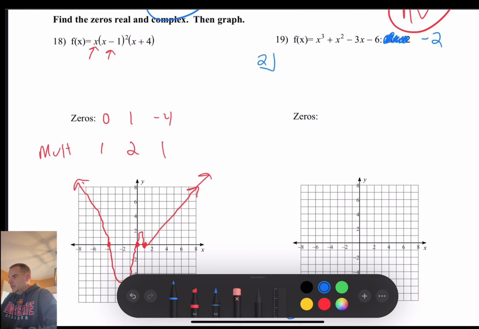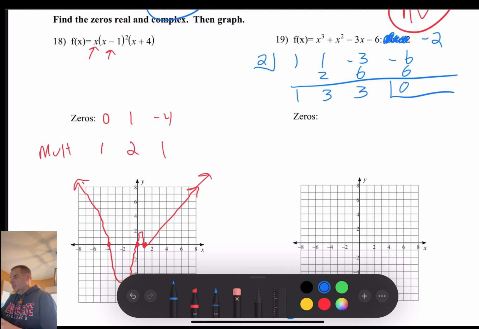So then we put a -2 there, a 1, a 1, a -3, a -6. So we've got 1, 2, 3, 6, 3, 6, 0. Okay, so -2 is one of my zeros.